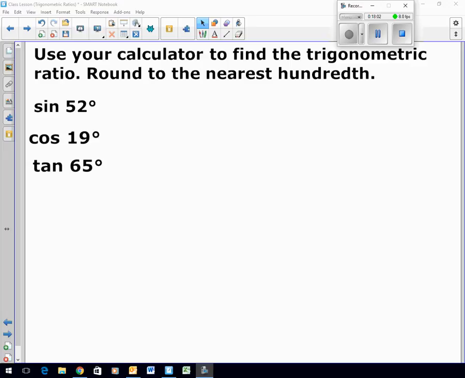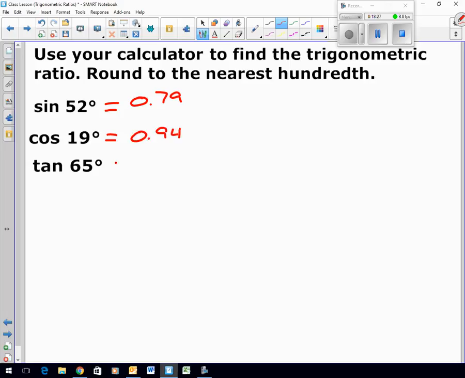Find the sine. Hit the SIN button on your calculator, then type in 52, and then hit enter. It's 0.79, rounded. What about cosine of 19? 0.94?